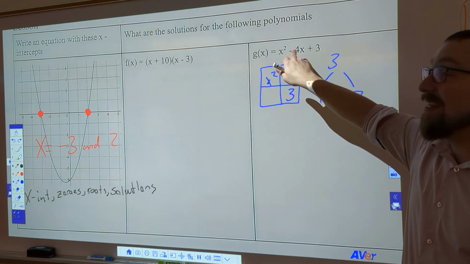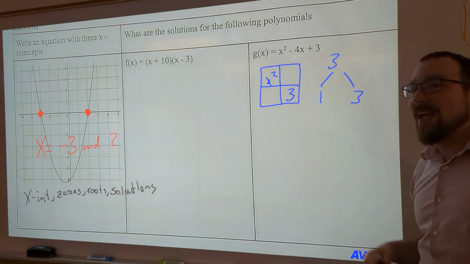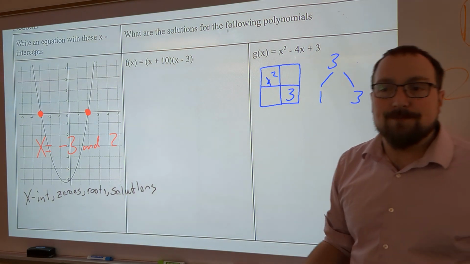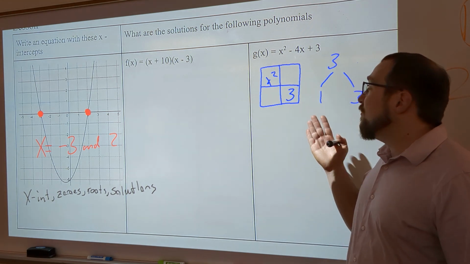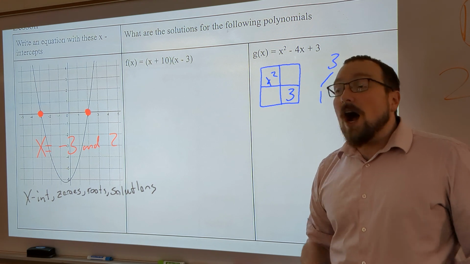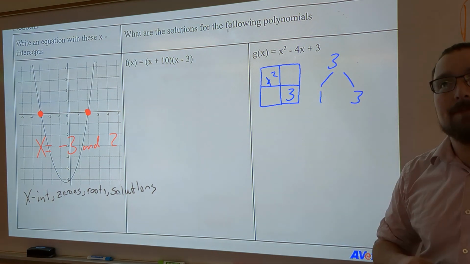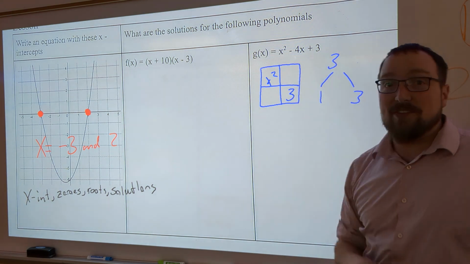In this case, b is negative 4. Now, does 1 and 3 add up to negative 4? No, it adds up to regular 4. So what we do is we'd ask ourselves, is there another possibility? Are there other factors of 3? Are there other pairs of numbers that multiply to positive 3?